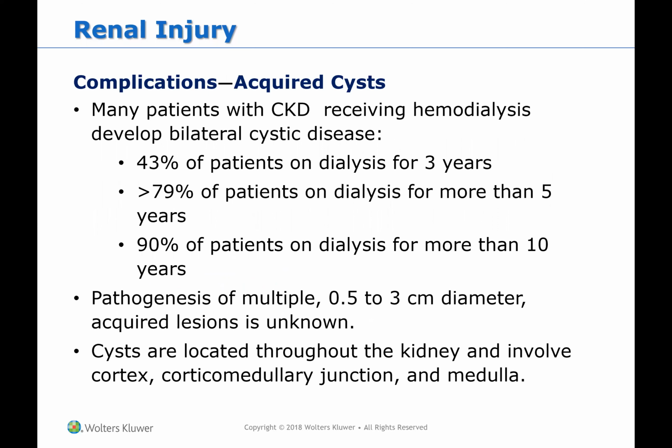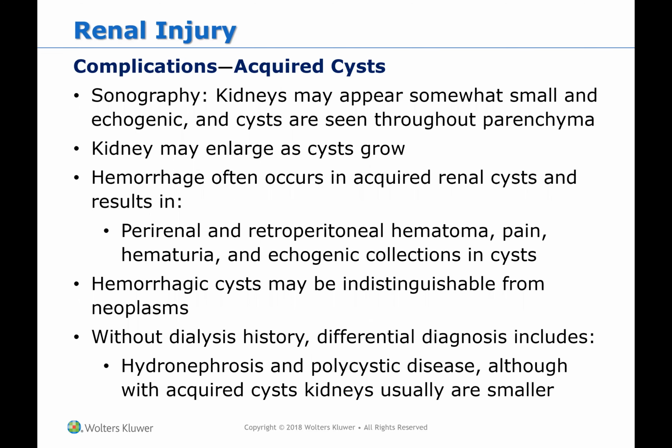Many patients with chronic kidney disease who receive hemodialysis develop bilateral cystic disease: 43% of patients on dialysis for 3 years, greater than 79% of patients on dialysis for 5 years, and 90% of patients on it for 10 years. Kidneys may appear somewhat small and echogenic, and cysts are seen throughout the parenchyma.